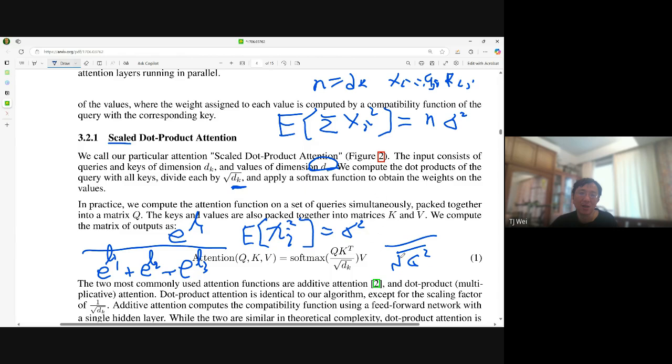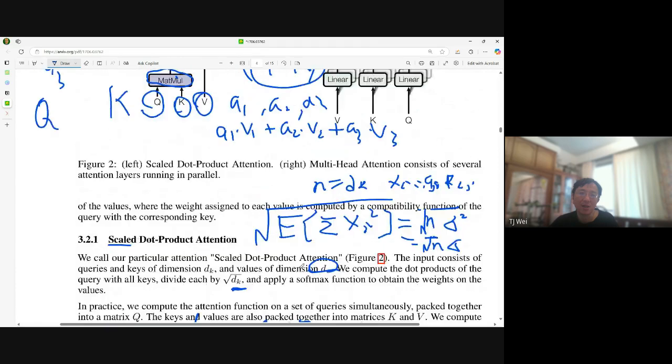But we usually divide to normalize by the standard deviation. So the standard deviation of this guy is the square root of this, which is the square root of n times sigma. So that's why we have a square root of n right here. Because in this case, n is dk. That's why we have this.